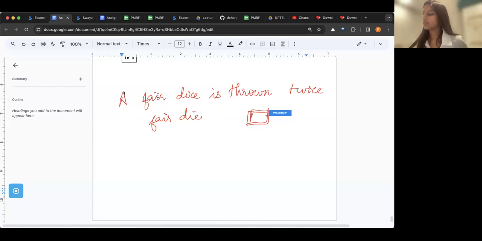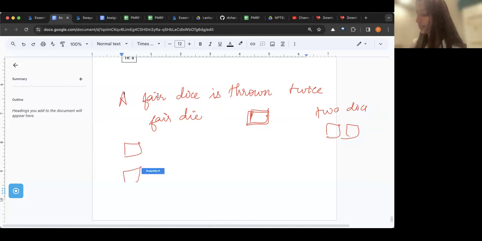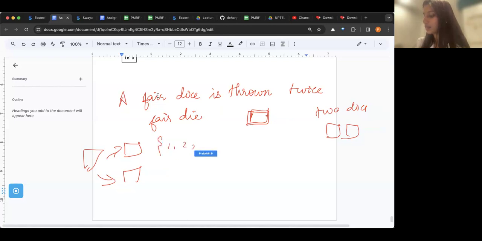So when they say two dice simultaneously, it means two dice. So this question, a fair dice is thrown twice. So you just throw the dice twice. So the sample space when you throw the dice once could be 1, 2, 3, 4, 5, or 6.